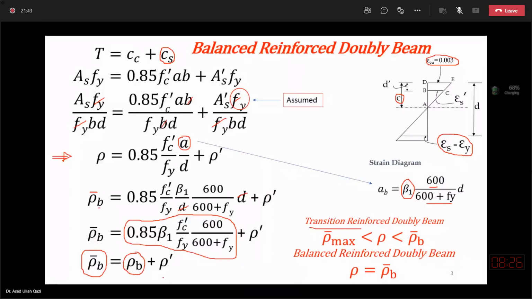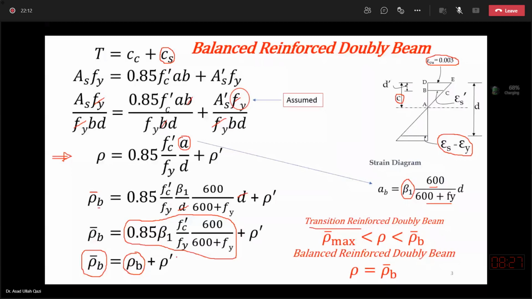Even in this equation, the same ambiguity is there, that what is the status of compression steel. If it is case 1 doubly beam, it means compression steel at yield, then this equation is valid. If this will be a case 2 doubly beam which is balanced reinforced, then this Fs prime over Fy will be present along with rho prime.